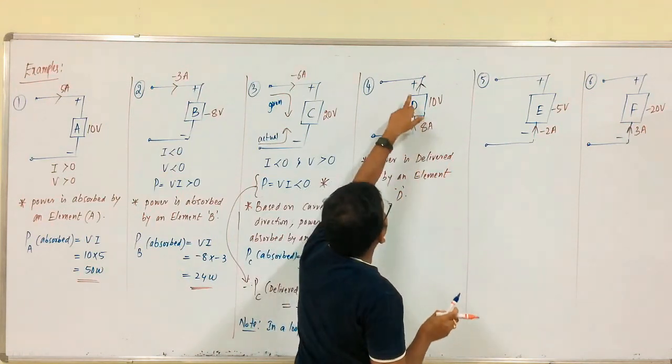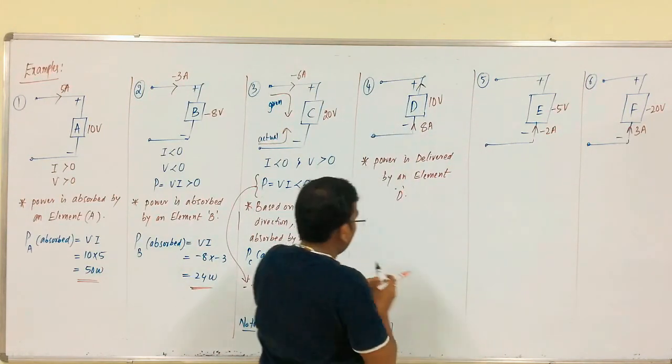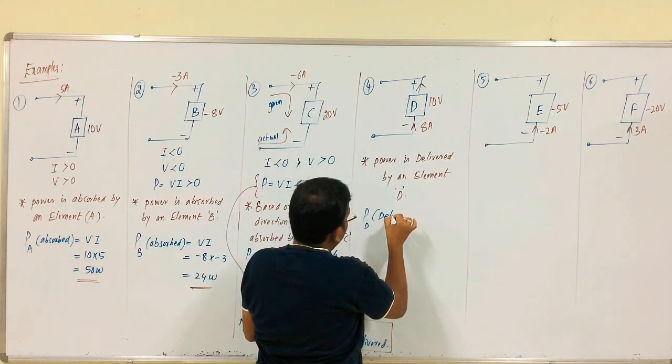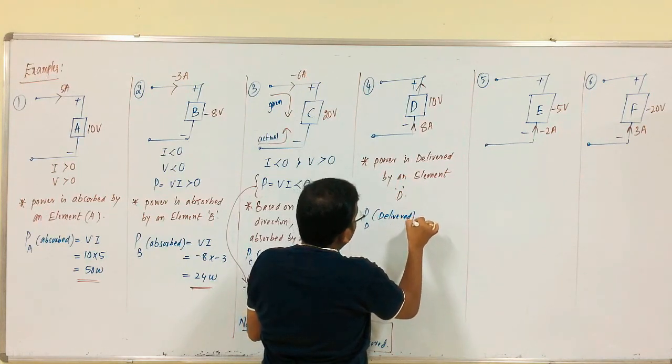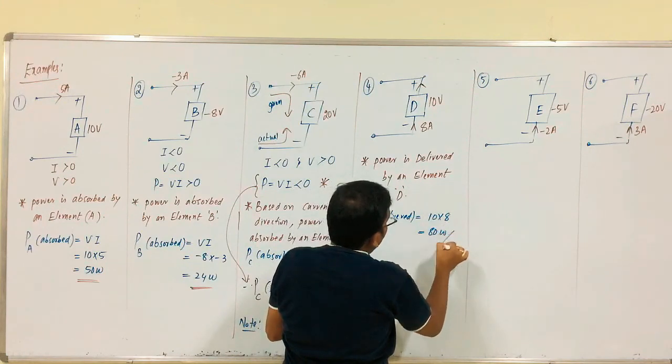Here the current is leaving from the positive terminal of an element D. So, therefore, the power delivered equals 10 into 8, which equals 80 watts.